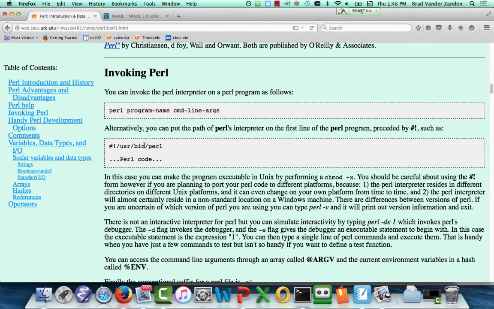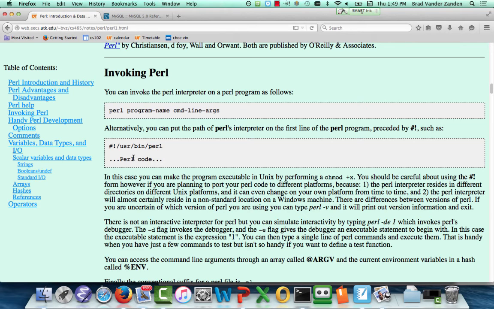You can also turn it into an executable file by putting this line at the top, #!, the location of the Perl interpreter, and then your Perl code, and then changing the permissions on the file so that it becomes executable. This only works well in Unix. It's not portable because Perl tends to be placed in different directories on different Unix systems.